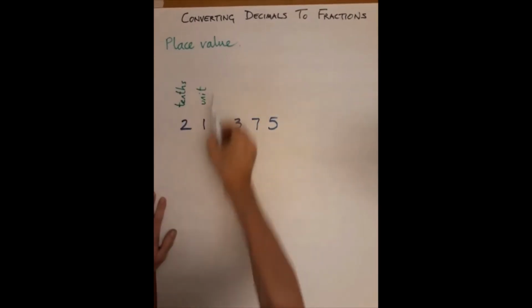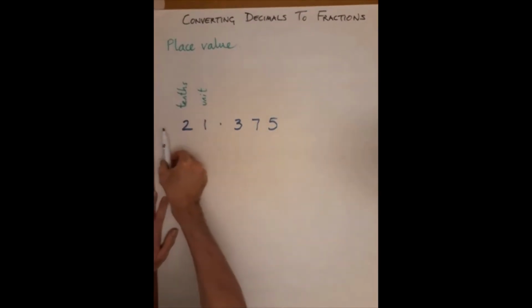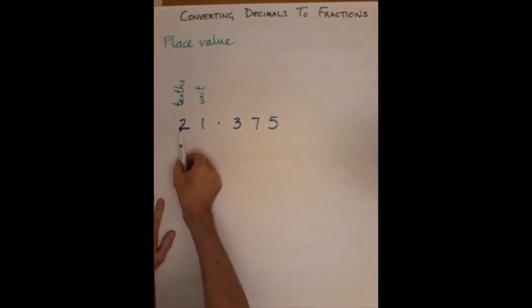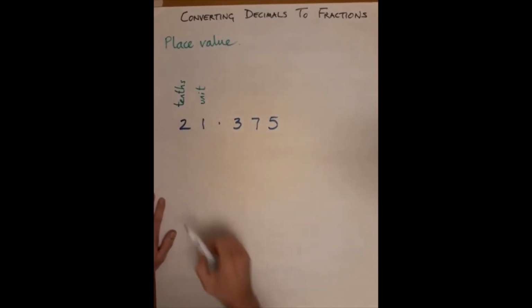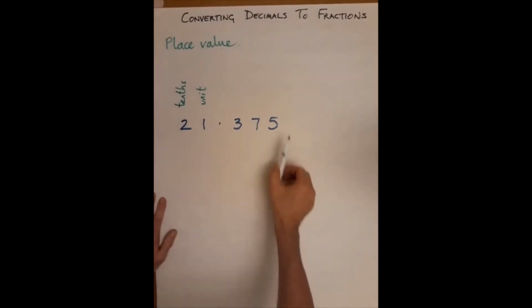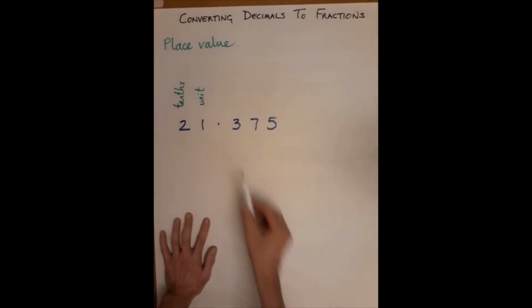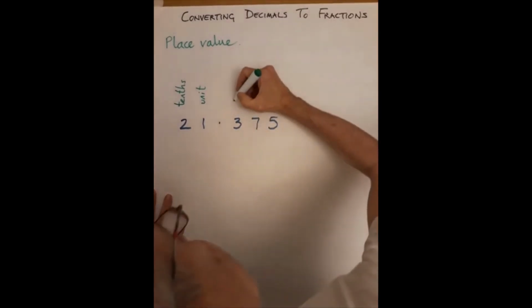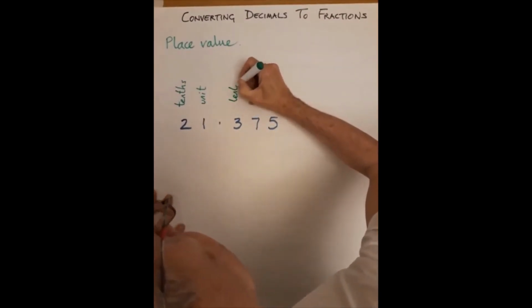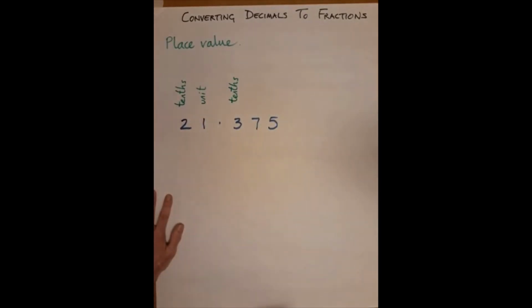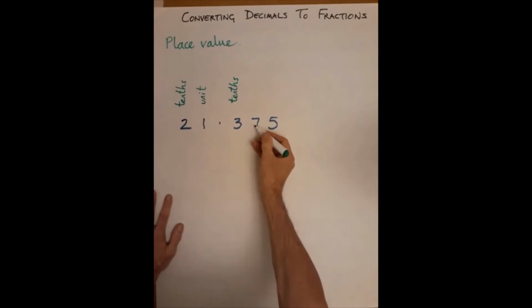This is place value. What value does a digit have in its place in a number? So 21, 2 tens, 1 unit. Let's now look at the bits which are smaller than 1. And in this first column, this 3 is 3 tenths. The next one is 10 times smaller.